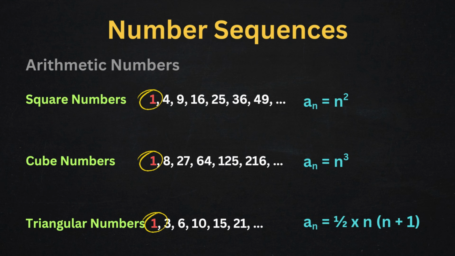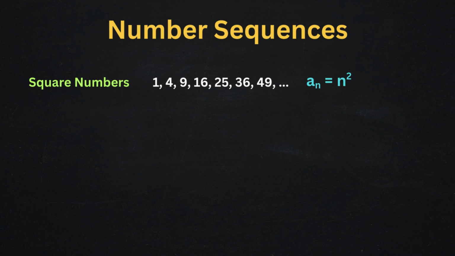And their nth term formulas are n squared, n cubed, and 1 divided by 2 multiplied by n, multiplied by n plus 1. Memorize them for exams. Okay, as we have discussed, these formulas only work if the sequence starts from 1. But if it starts before or after 1, that's where shift comes in. It may seem a bit complex, but the actual logic is simple, just a one-step adjustment.